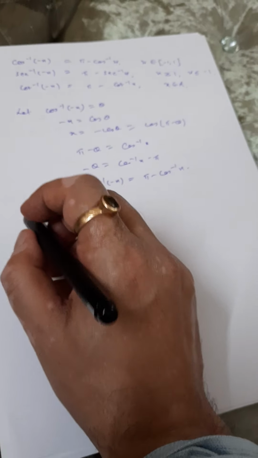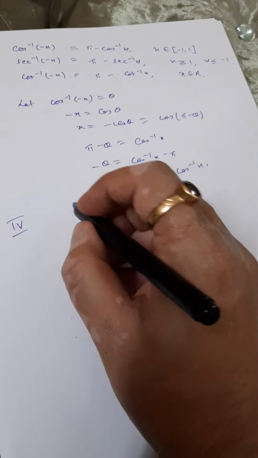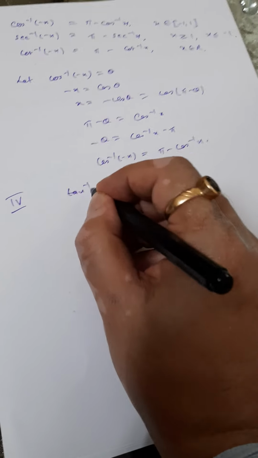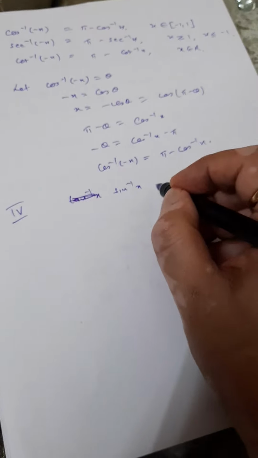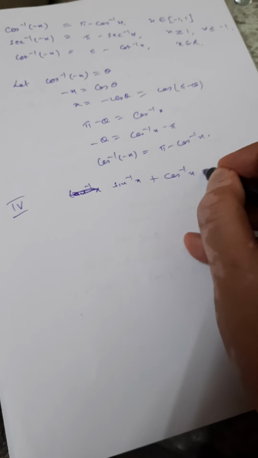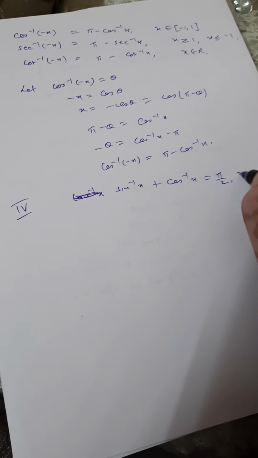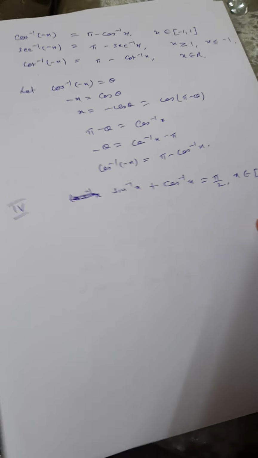Now, in the same way, you have the fourth set of forms. Sine inverse x plus cos inverse x equals pi by 2, x belongs to minus 1 to 1.